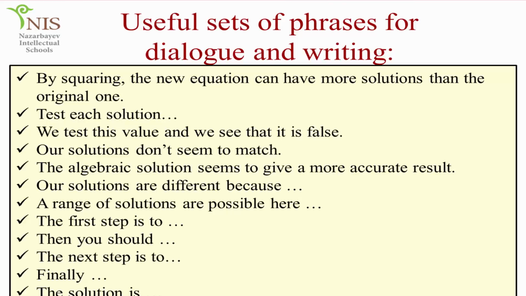The algebraic solution seems to give a more accurate result. Our solutions are different because a range of solutions are possible here. The first step is to, then you should, the next step is to, finally, the solution is.